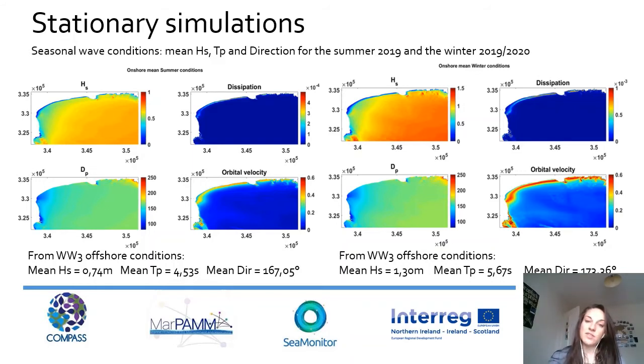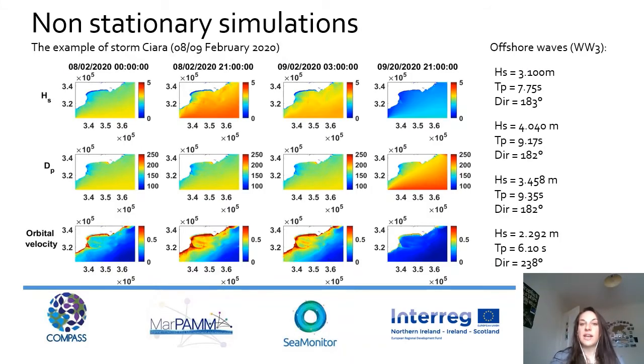I've extracted the mean wave height, period and direction, and using the AFB nearshore bathymetry, you can have this type of simulation and you can compare and look at the dissipation of the waves, but also the orbital velocity, which matches the dissipation and where the waves are breaking, and therefore where there is a maximal orbital velocity and sediment transport.